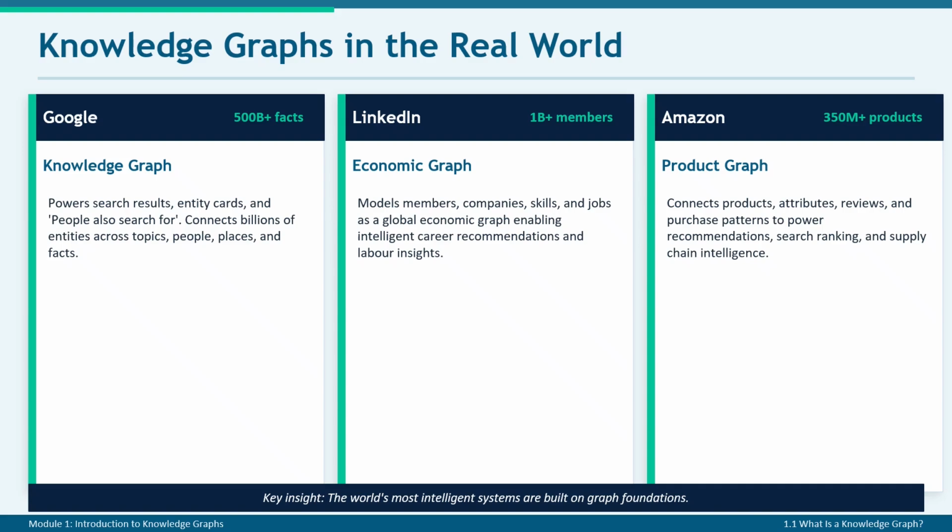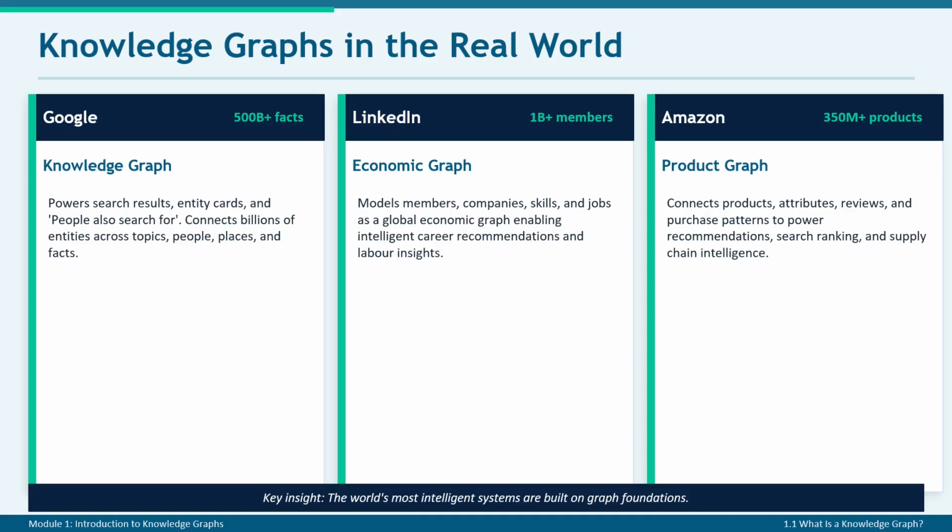LinkedIn's economic graph models over 1 billion members, the companies they work at, the skills they have, and the jobs being advertised, and uses that graph to power intelligent career recommendations, job matching, and economic insights.